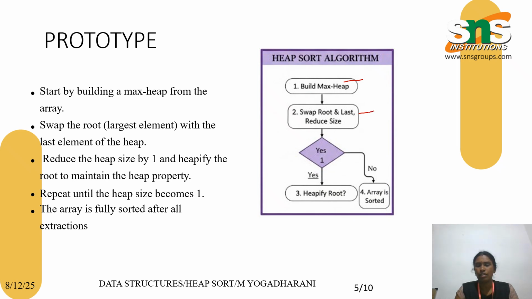If it is okay, keep as it is. No, then swap, either percolate up or percolate down, and store the root element in a temporary array, and the temporary array is our sorted array. Okay.